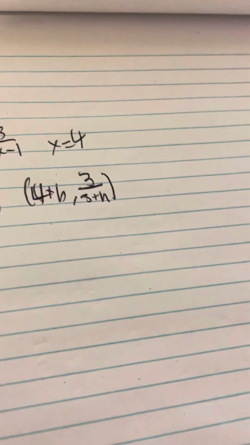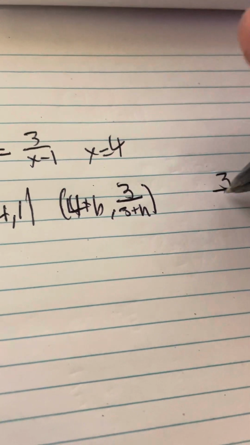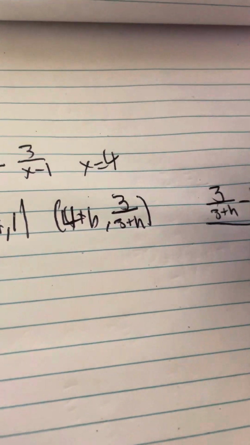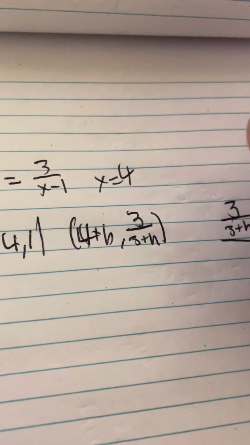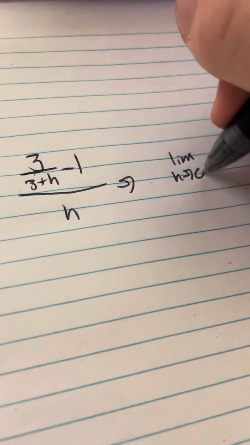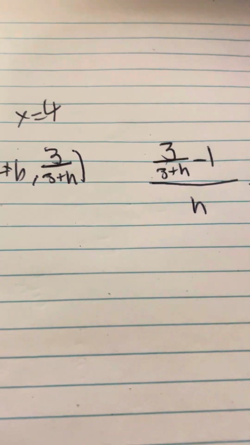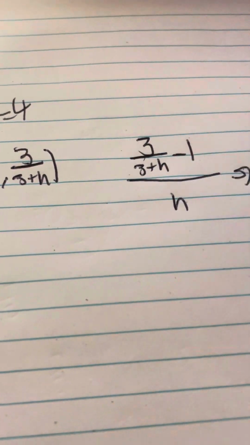And then we're going to set up our equation, so we're going to have 3 over 3 plus h minus 1, over h. So what we're going to do here is take out the h on the bottom. So limit as h approaches 0, we're going to take out the 1 over h, because if we take that out, it's the same as just multiplying this by 1 over h.